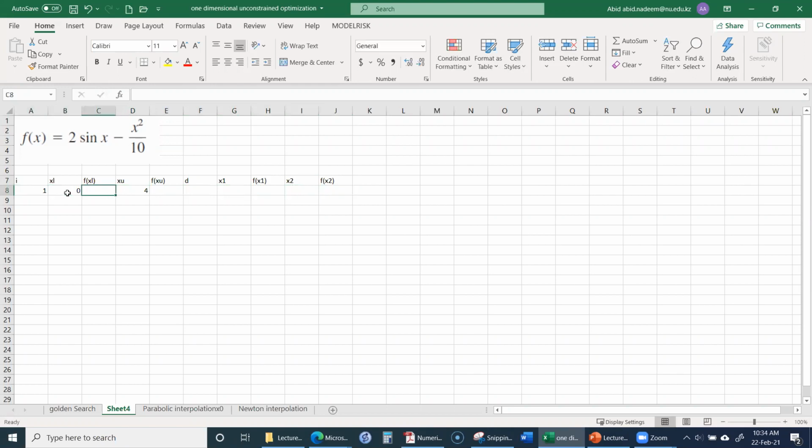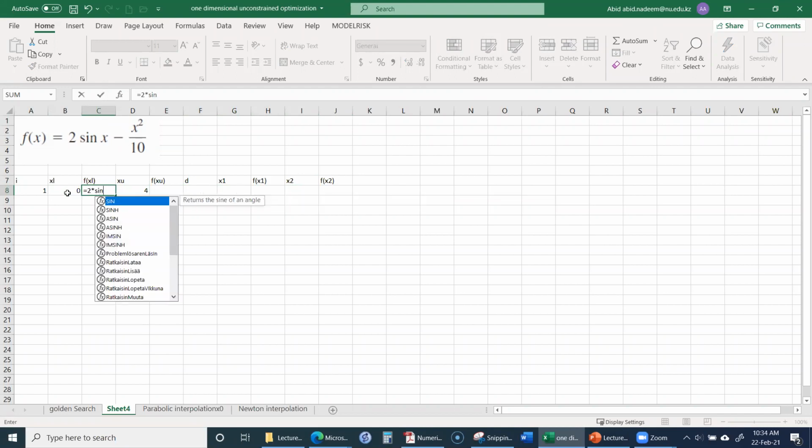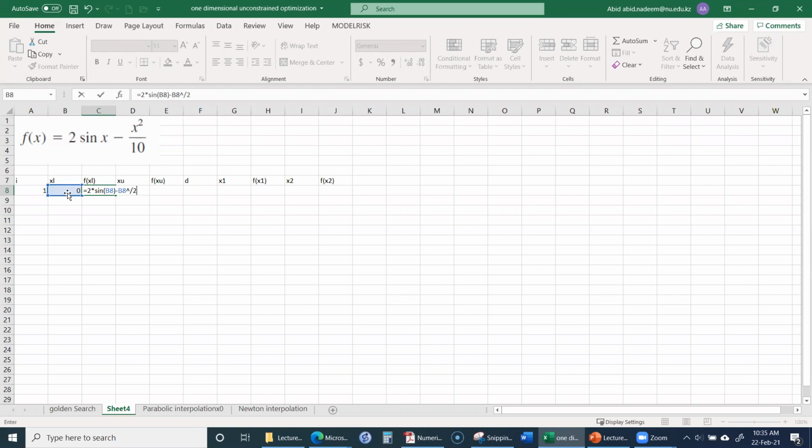From XL, we have to find f of XL. For this, we need to input the value. The function is 2 times sine of x minus x square divided by 10.